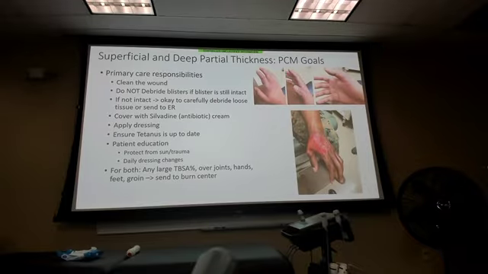You guys are gonna have these people show up to your clinic, what are you gonna do? Clean the wound, okay? If the blister is intact, meaning the skin is still intact, you leave it alone. Do not pop these. That is a natural band-aid, okay? The skin is intact.